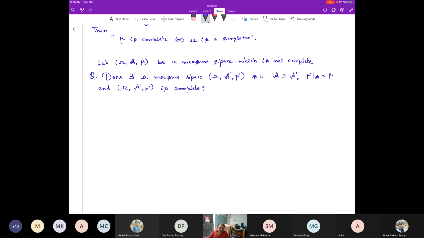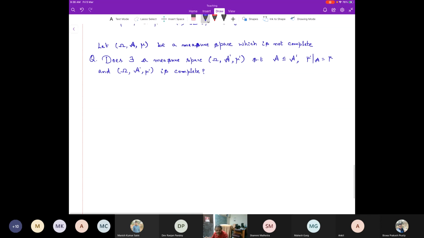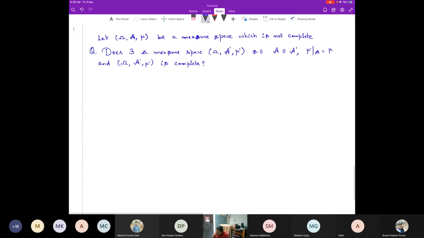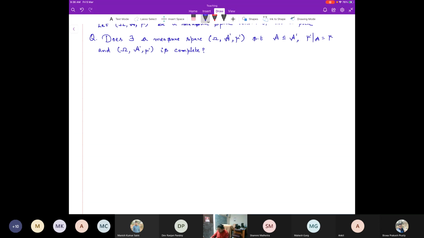Does there exist one or not? Yes, the answer is yes. So how to construct? This is one such, and we'll see that it is the smallest in some sense.